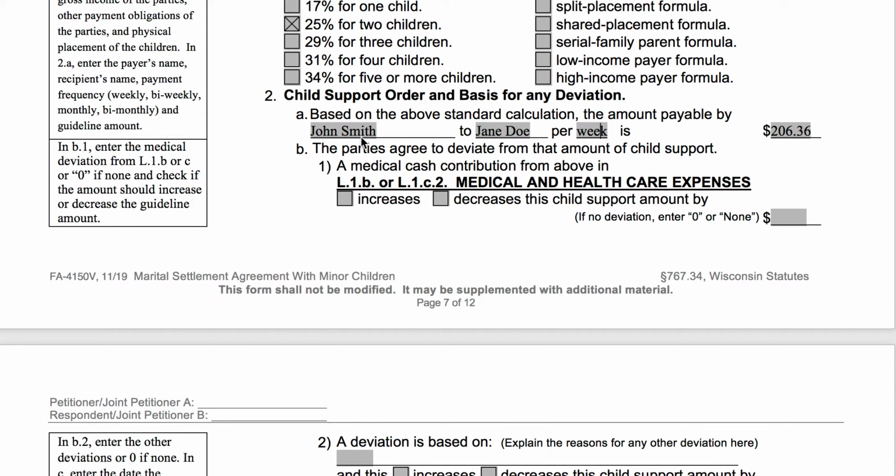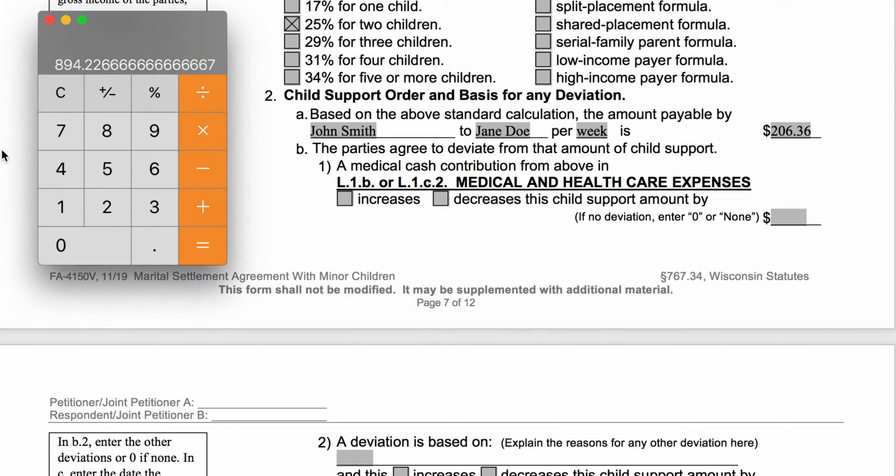So let's say John is paying for health insurance and Jane was supposed to pay him $100 per month towards that health insurance. We would say 100 times 12 divided by 52 means she's supposed to pay $23.07 per week.